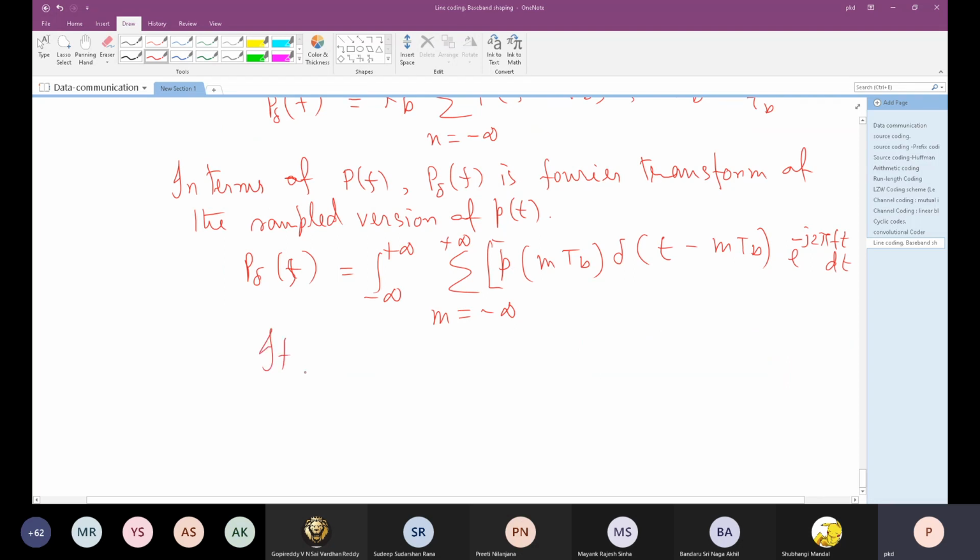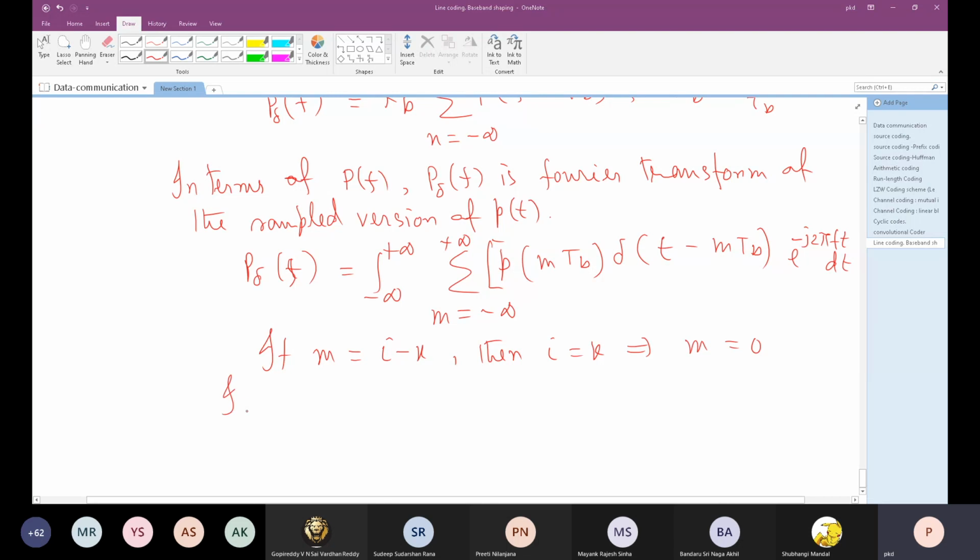Now if m equal to i minus k, then i equal to k gives m equal to 0.